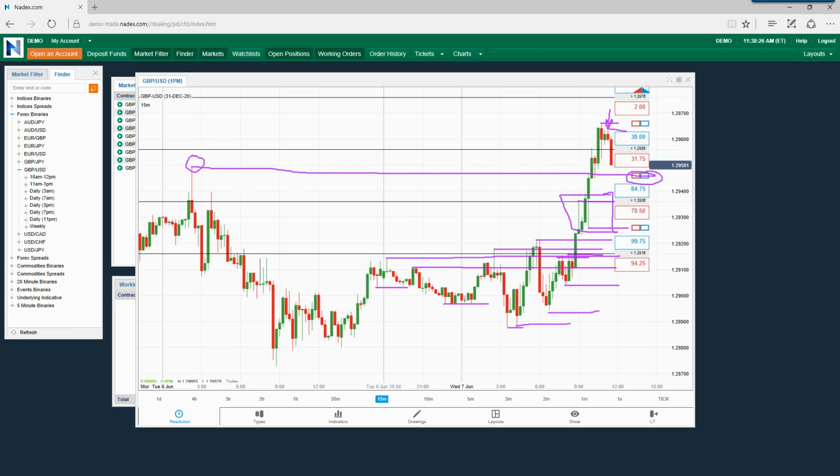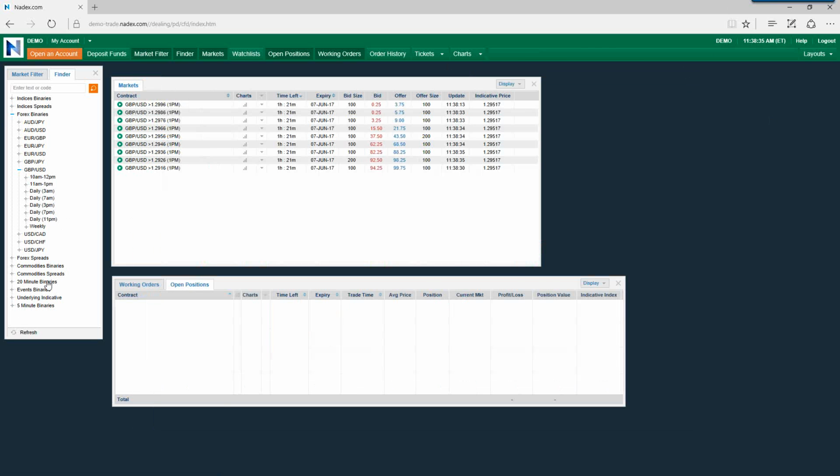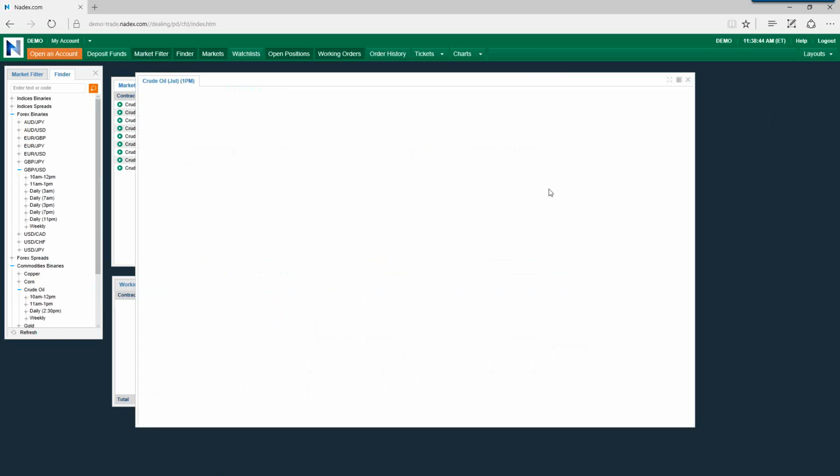All right, let's bring up another chart that people wanted to look at. Crude oil. Okay, let's go look at crude. It blew through everything this morning. Let's do 11 to 1.